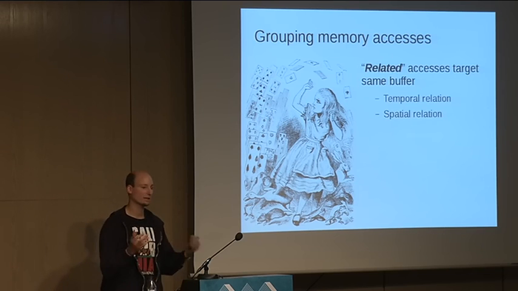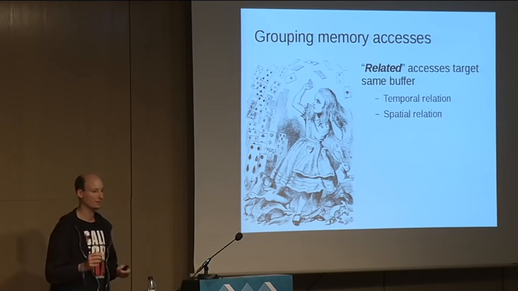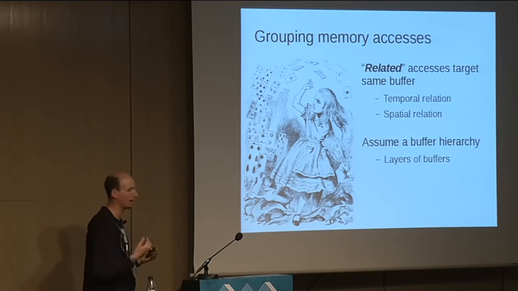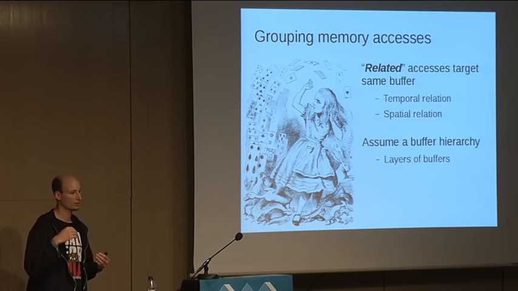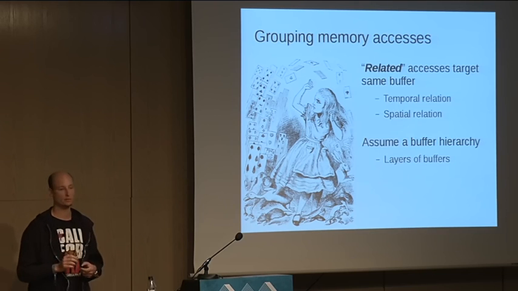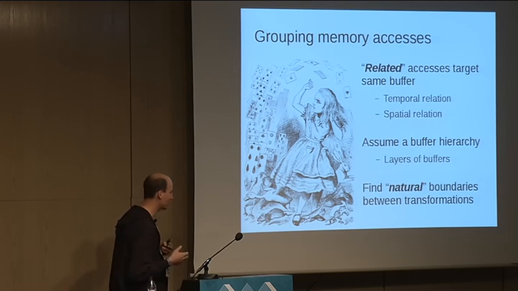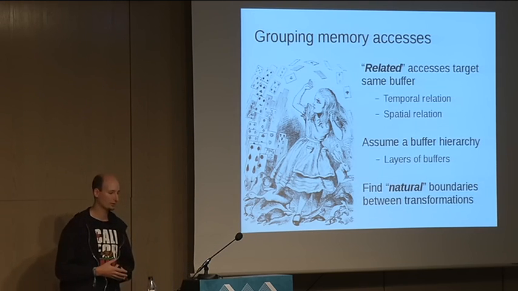And in our analysis, we can actually use both these kinds of accesses to group related memory accesses. And we assume this buffer hierarchy as a level of buffers. So there's the complete memory image, there's the stack, there's an individual stack frame, there's a struct in a stack, and there's a specific buffer in that struct on the stack. And we find natural boundaries between transformations to split up our symbolic execution.